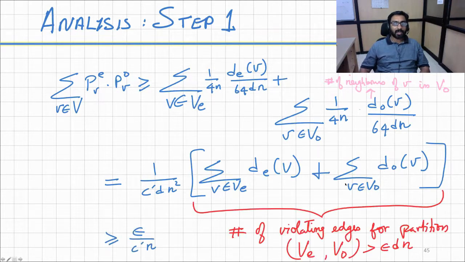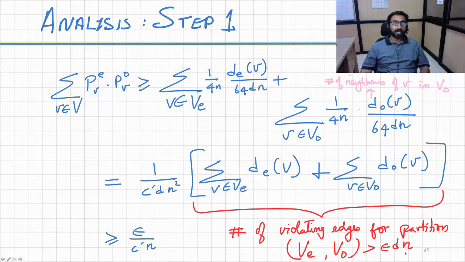Well, this is, as it turns out, simply the number of violating edges for the partition VE and VO. Why is that? Well, think about this. Consider the partition VE and VO. These are the neighbors within the same partition. So these are the violating edges, and this number of violating edges must be at least epsilon dn. That's the assumption that we started off with.